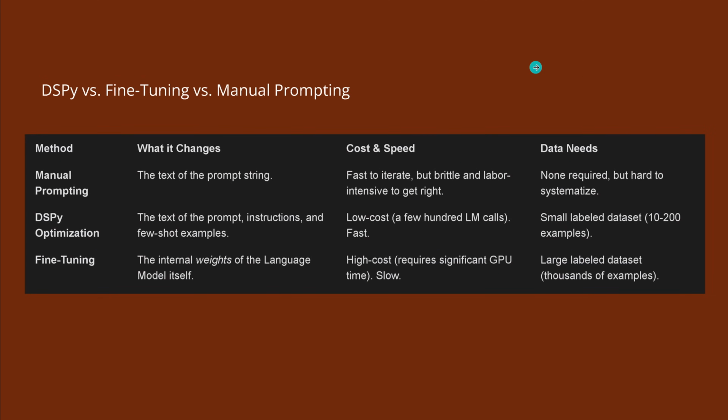Let's have a look at this. The first line is manual prompting. The second line is DSPy, and then we have fine-tuning. So you see, with manual prompting, what changes is simply the prompt, the text of the prompt string itself. With DSPy, you have context engineering. The text of the prompt is now modified.